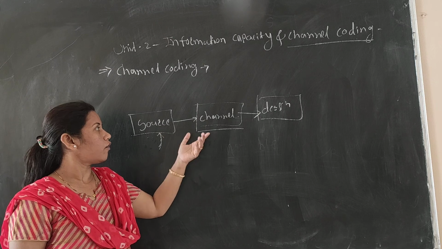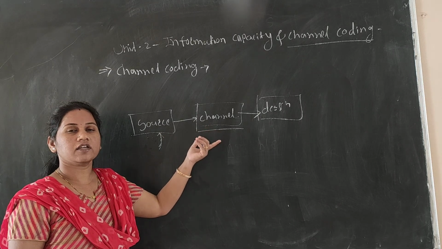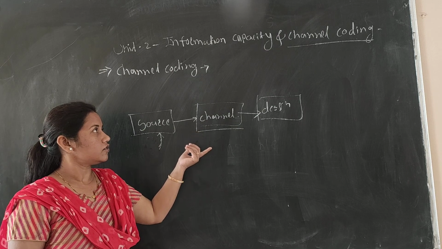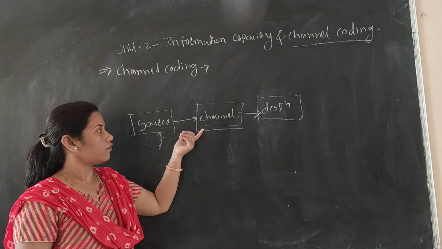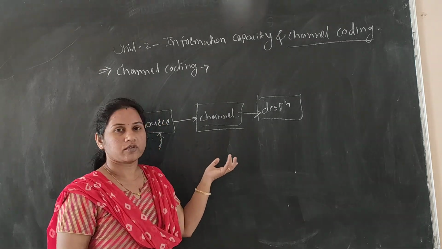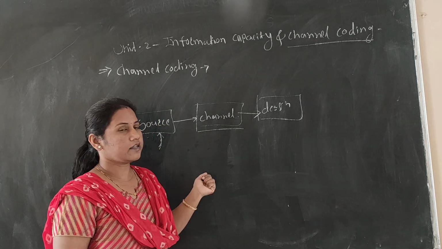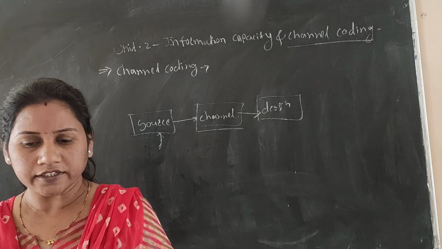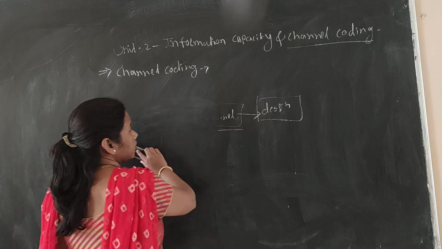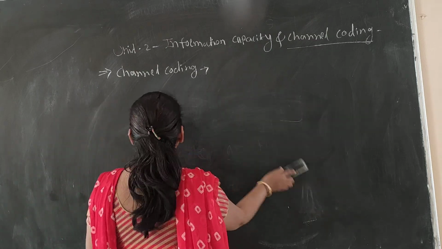Now we will go for channel coding, the different techniques and methods of channel coding. After that, in the next unit we will discuss the destination or the receiver. So, we need to see the role of the channel in the transmission of the data.